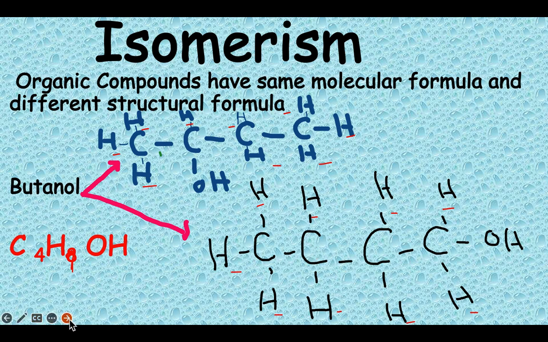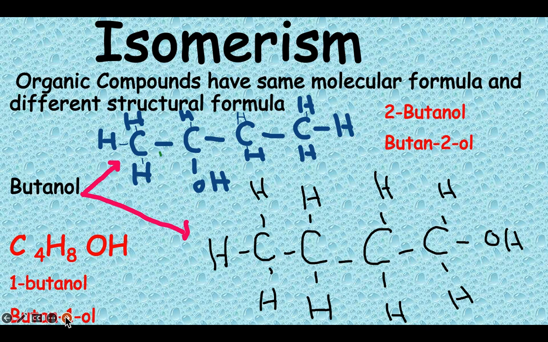But is the structural formula the same? Let's see. The OH here is bonded to the second carbon, and here the OH is bonded to the first carbon. So we call this 1-butanol, and we call this 2-butanol.